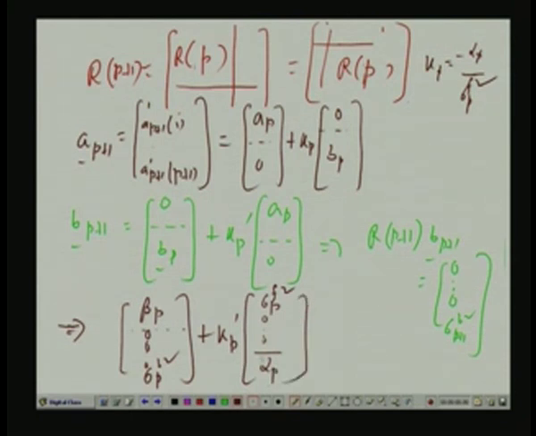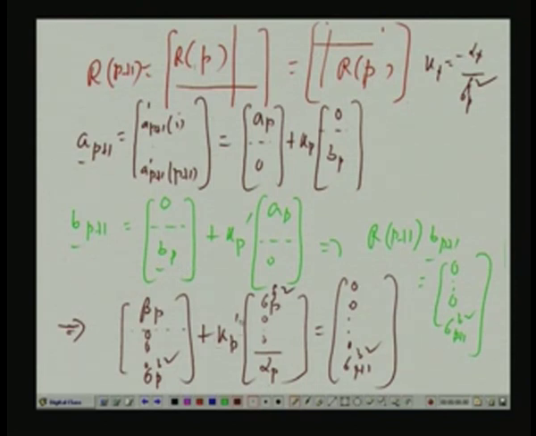This must be of this form, 0 dot dot 0 sigma_{p+1} b square. So, all the zeros are already made, 0 plus K_p prime times 0 is 0, except for the first term, beta_p plus K_p prime times sigma_p f square, that must be equal to 0.